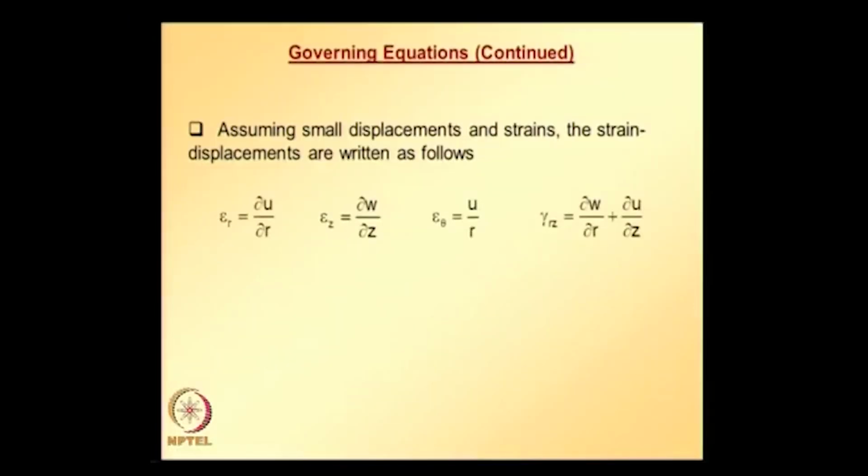So, assuming small displacements and strains, displacements are related to strains via these equations. If you observe these equations, there is a singularity in epsilon theta, that is, as r goes to 0, epsilon theta tends to infinity.